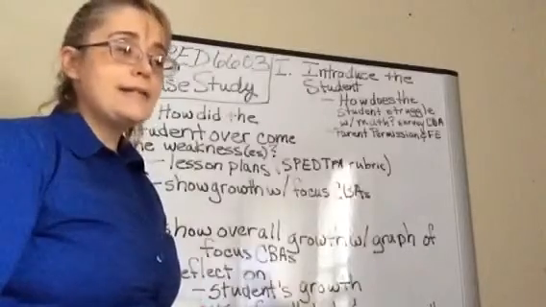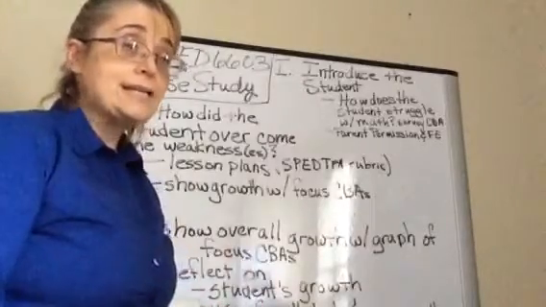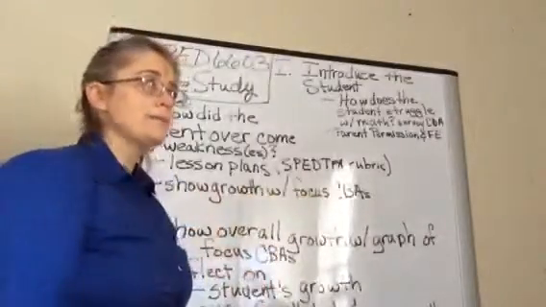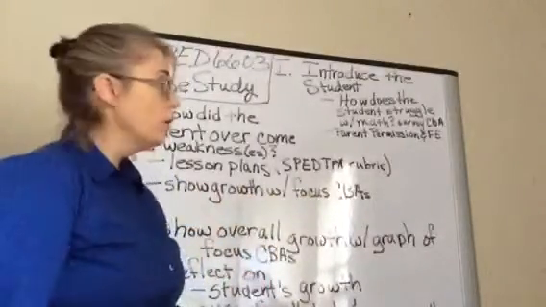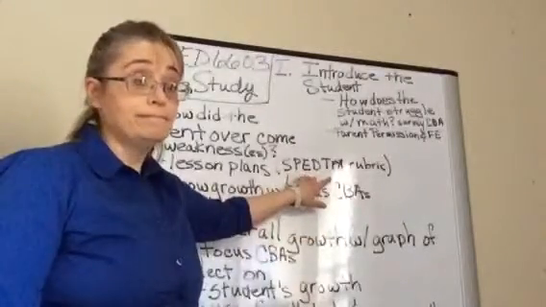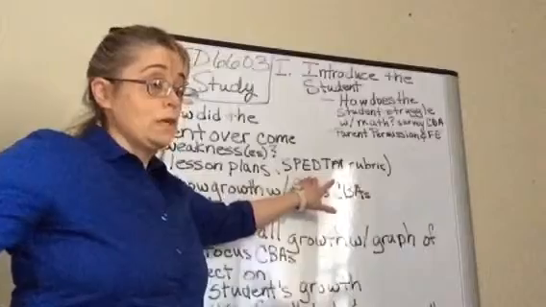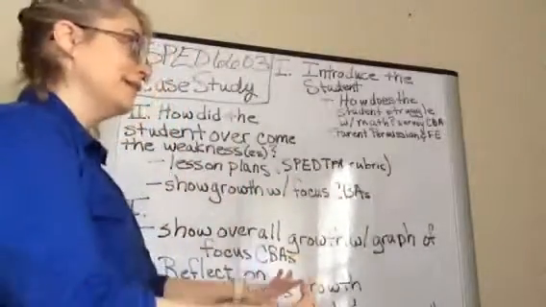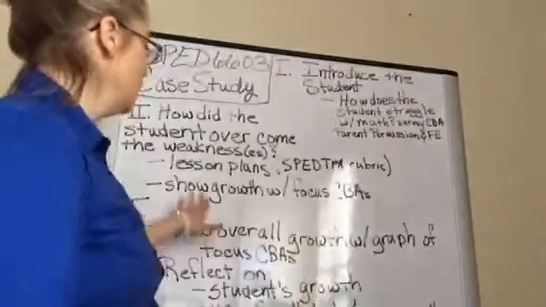Remember, the course does have approved lesson plans. Now you're thinking, well, how is this person going to grade me? Well, the rubric comes from the SPED TPA. No questions there. And don't forget, this is in D2L.